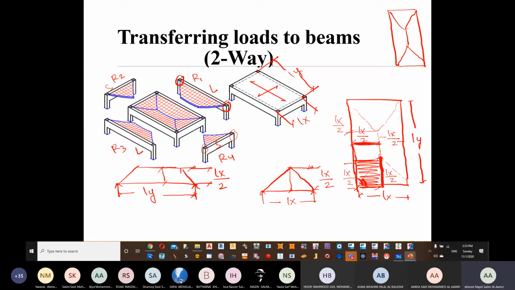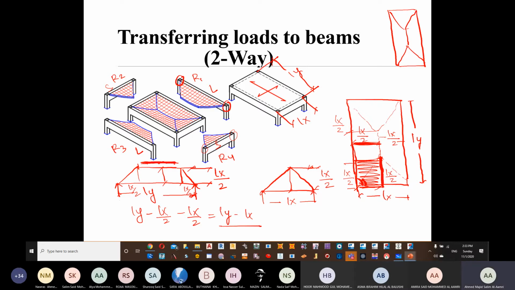So if this is my Lx over 2 and this is my Lx over 2, then how much is this particular portion? Now you can see that that particular portion is Ly minus Lx over 2 minus Lx over 2, which is going to give you Ly minus Lx.